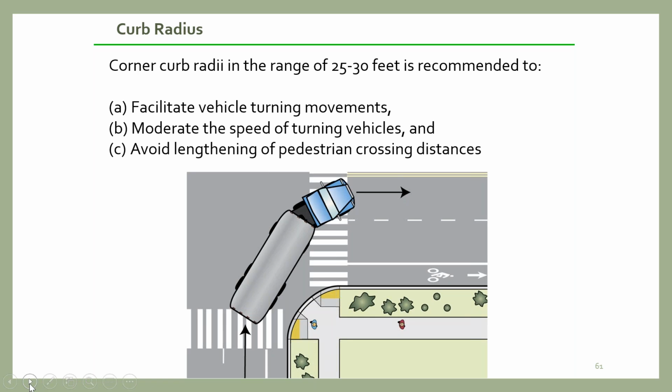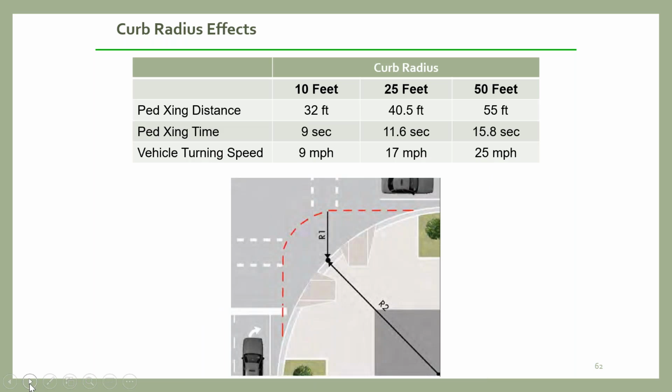But the trade-off is we also need to accommodate the swept path of larger vehicles that are making a right turn. So this is a classic balancing act that we as designers have to do at intersections.